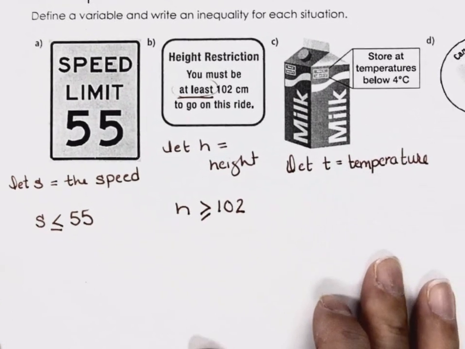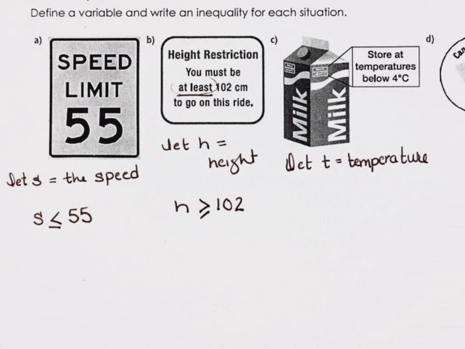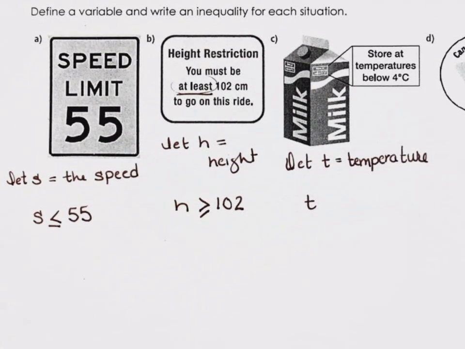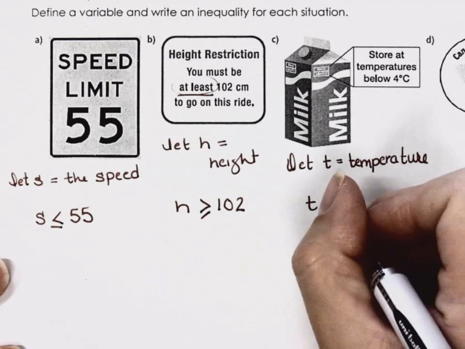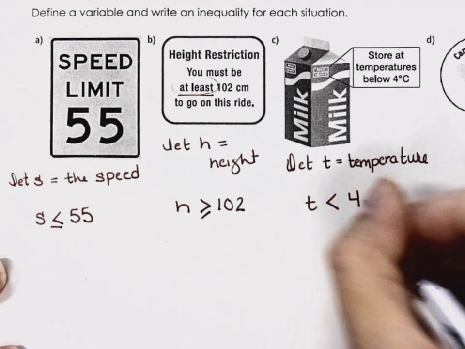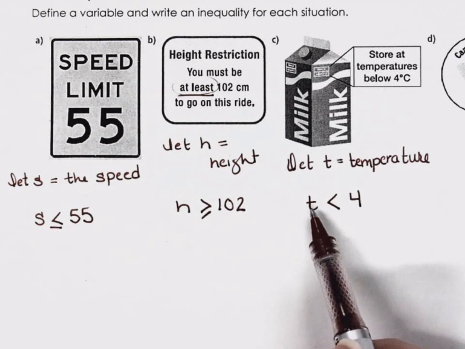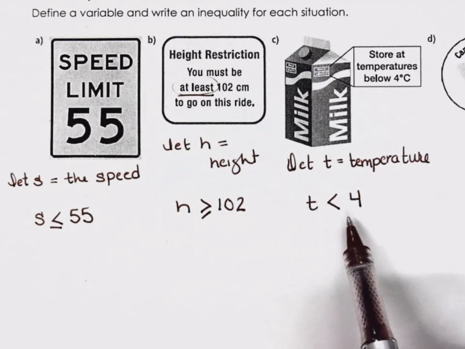I have to sound it out in order to spell it. Let T equal temperature. So is T greater or less than 4 degrees? If it has to be below 4 degrees, less. Right? So the pointy part points towards the number that's smaller, and we're saying T has to be less than 4.